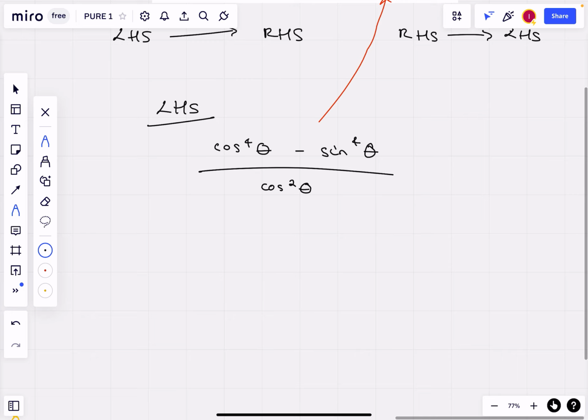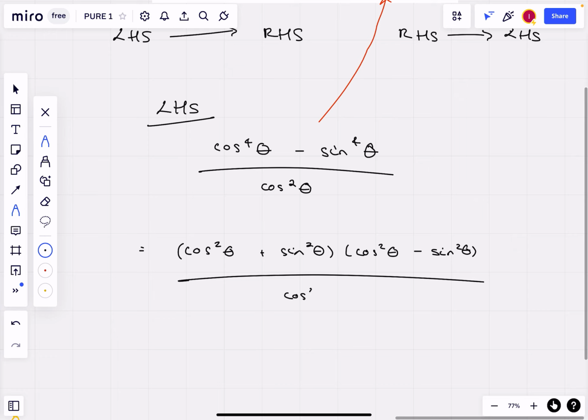If you notice, your numerator makes use of difference of two squares. So, cos squared theta plus sine squared theta, and then cos squared theta minus sine squared theta, all over cos squared theta.